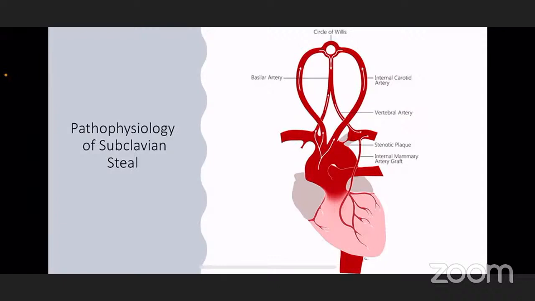So during systole, the pressure will be high in the coronaries, and retrogradely also high in the LIMA, more than other vessels. So the flow will not go easily to the LIMA. It will go directly to the subclavian.